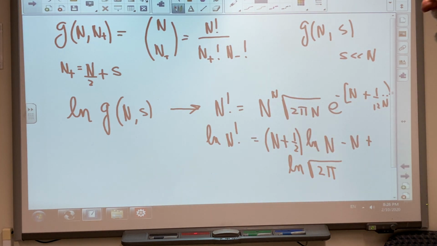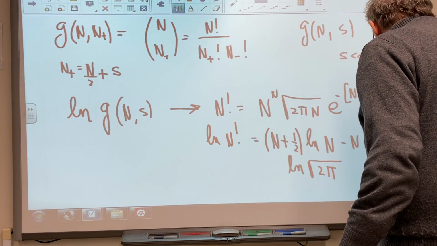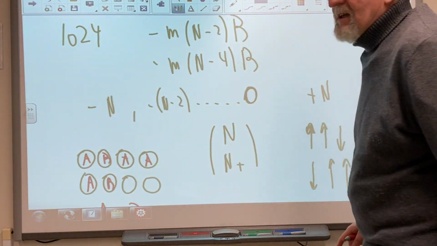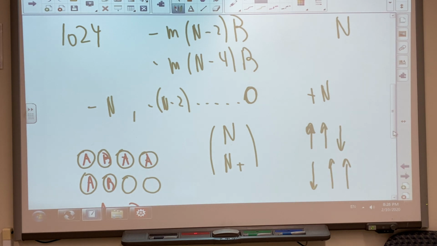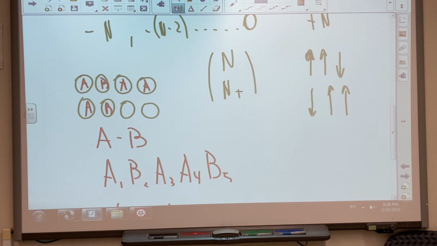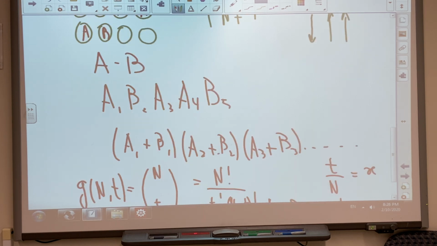So this is the Stirling approximation, and I will have to replace it in the expression I have, which contains a bunch of factorials.